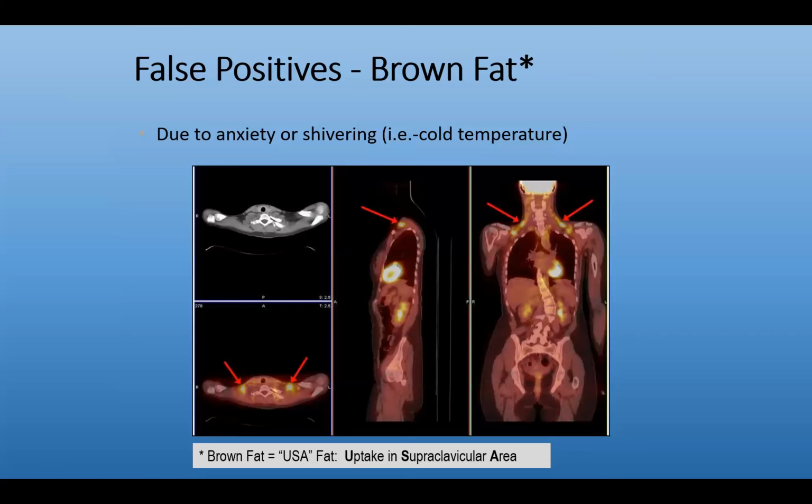So the fused images can be helpful in that regard. Just a note that obviously uptake in brown fat can interfere with our ability to adequately evaluate patients, particularly with involvement of the head and neck regions, right? So we try to avoid it as much as possible.